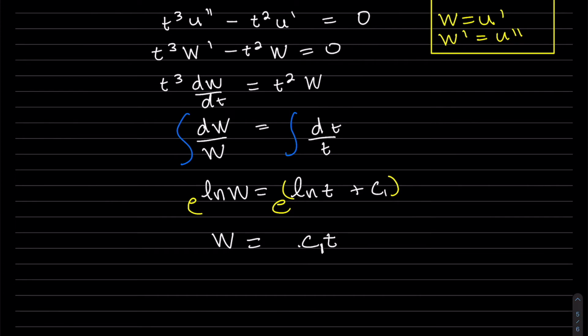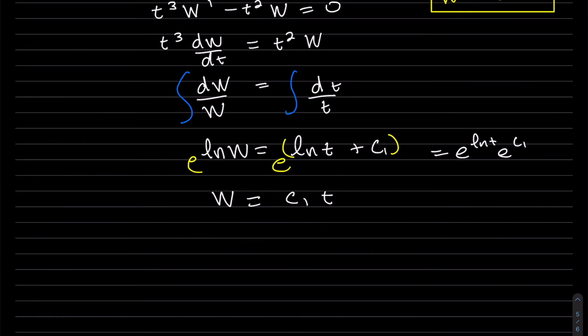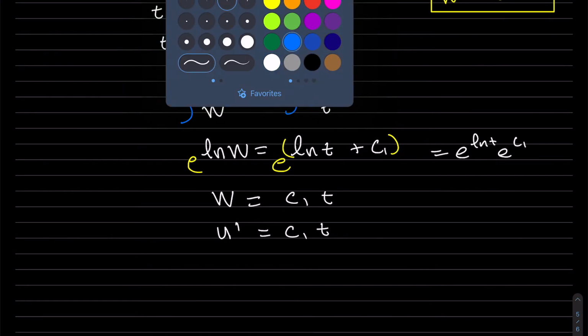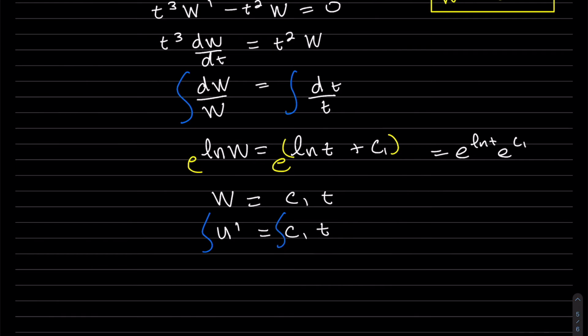Yeah, that becomes just e to the natural log of t, e to the c1, which is just t, c1, c1t. W is u prime. We integrate again in terms of t.